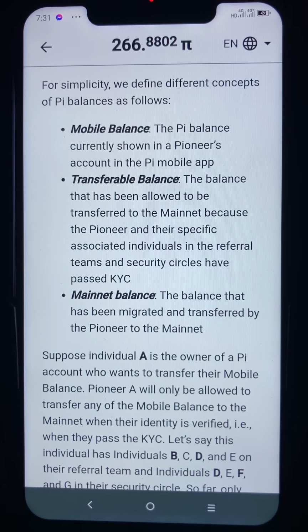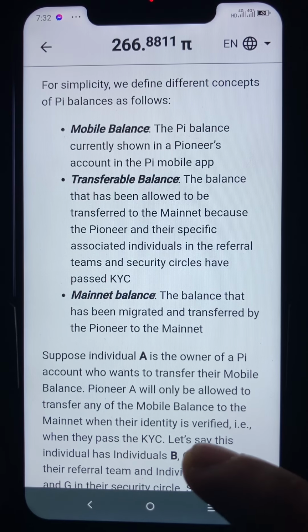I think mainnet balance is not just the transferable balance. Mainnet balance includes yung transferable balance tsaka yung whatever Pi na nabigay sa'yo previously siguro by other pioneers na KYC na tsaka with in-app transfer na before. So if medyo confusing sa inyo, sabihin nyo lang, I can answer those questions later.